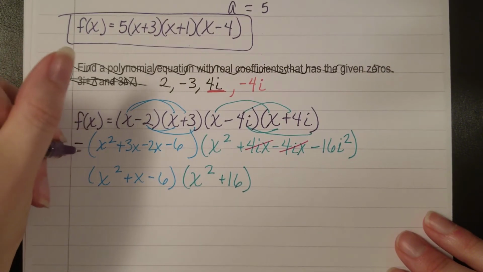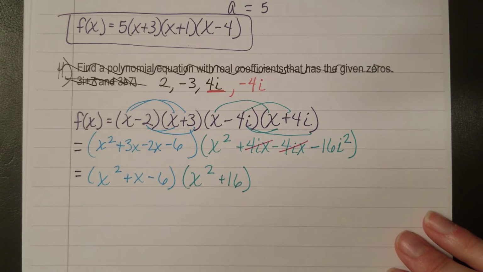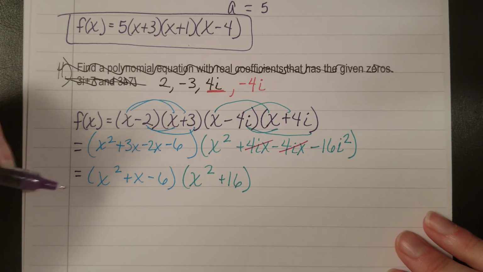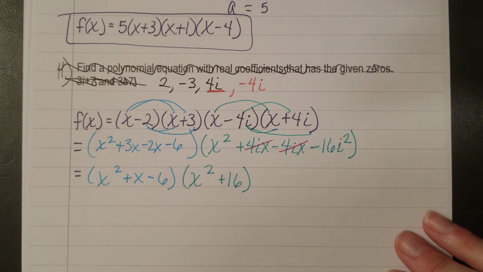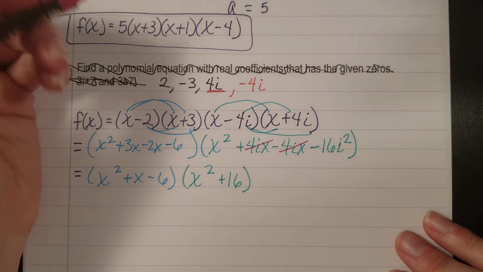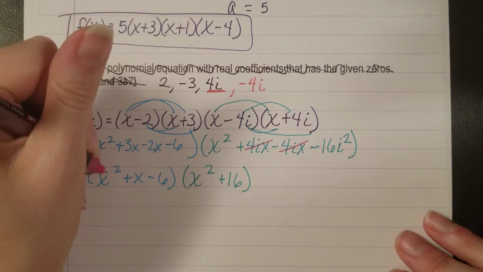And so, I think we should probably go ahead and multiply it out. They might let you leave it like this, but they might not. All right, so let's see.